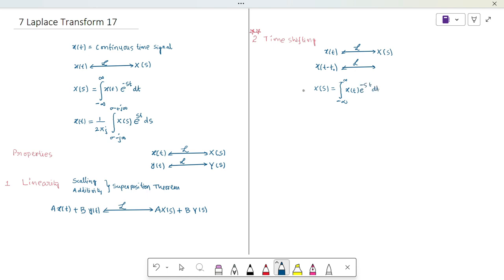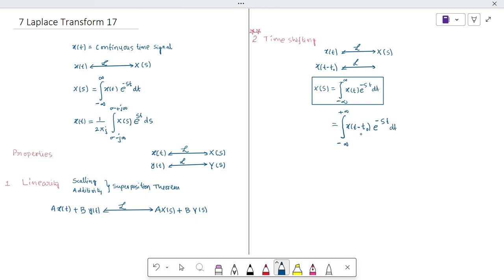This is the formula. Based on this formula, now I'm going to find the Laplace transform for the given time shifted, delayed signal. So that equals the integral from minus infinity to plus infinity of x of t minus t naught into e power minus st dt.